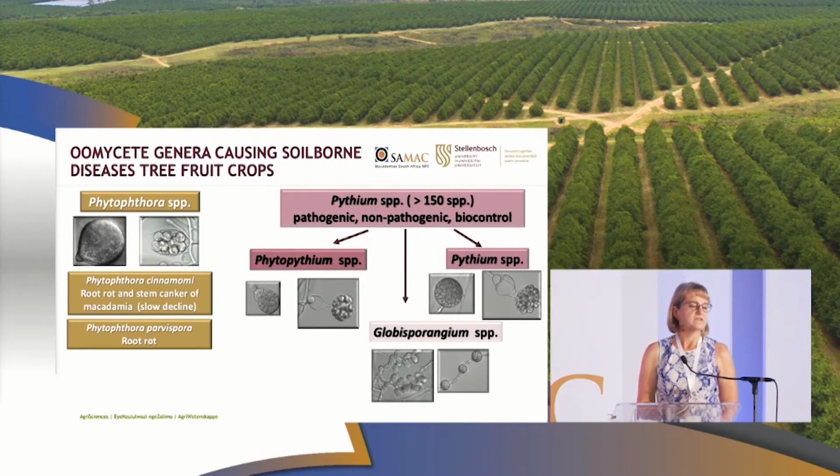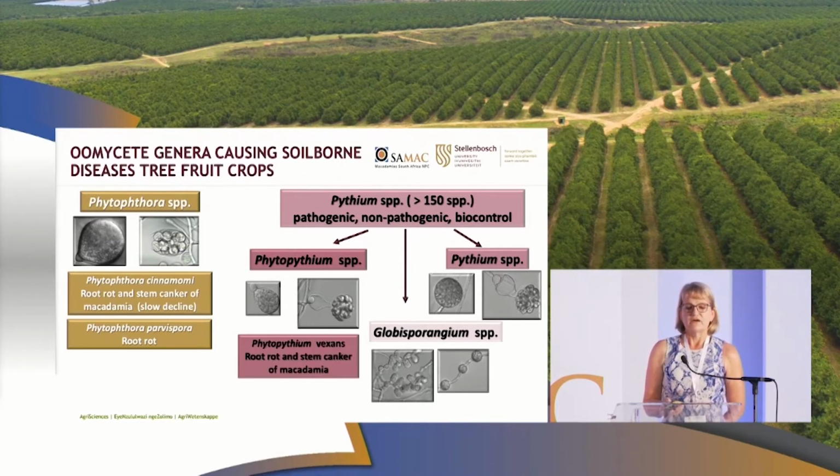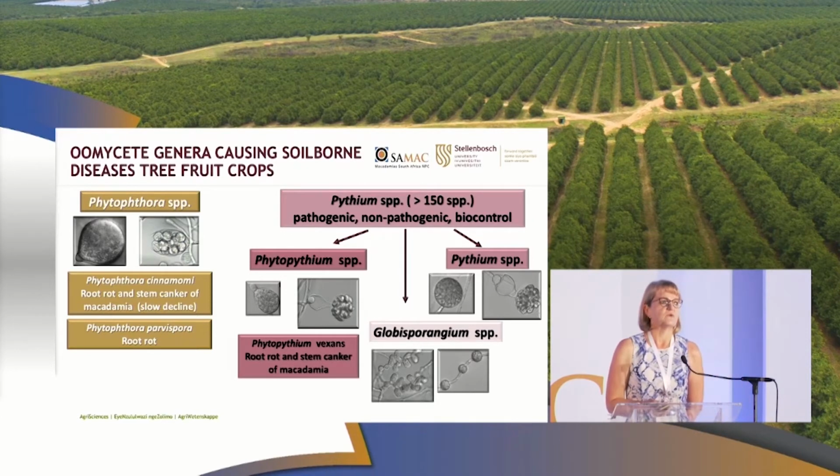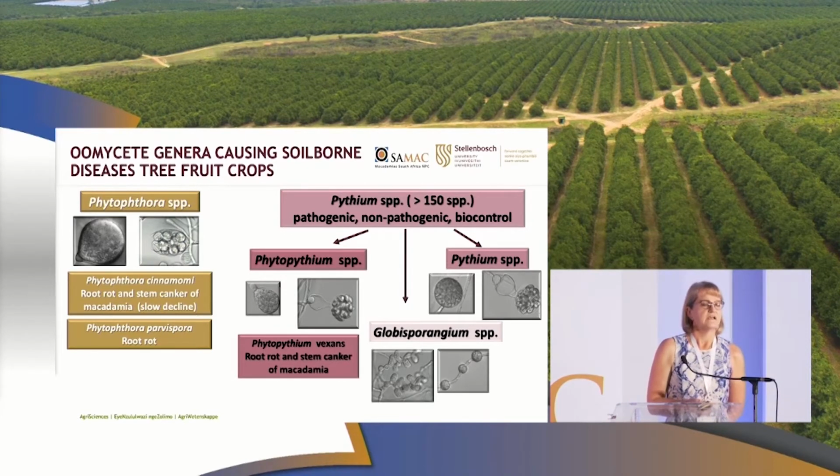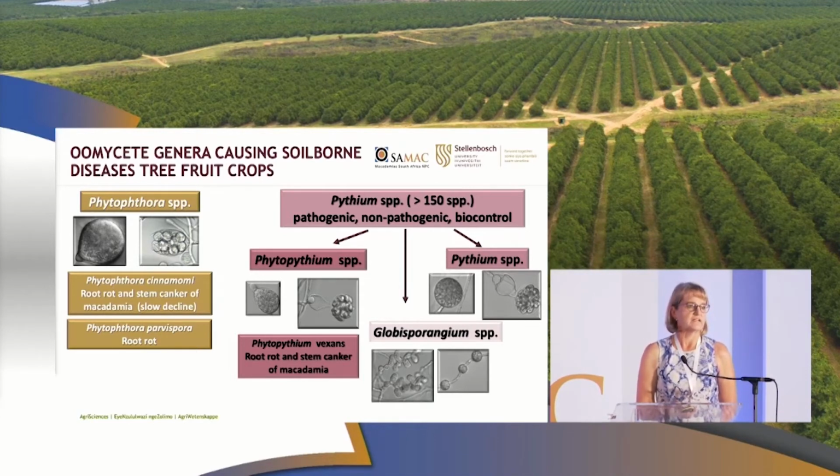It's very closely related to Phytophthora. As for the Phytopythium species, there is one, Phytopythium vexans, that causes root rot and stem cankers also on macadamia. So that was first reported by Cobus Serfontein in 2017 and was confirmed in our research project.